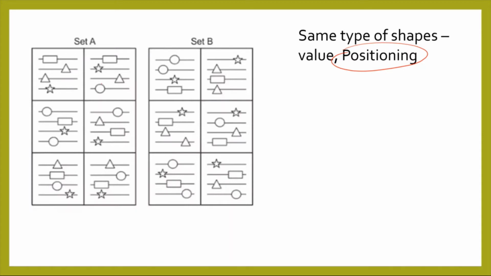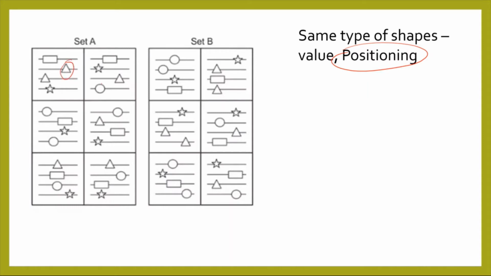So positioning. If we look at the shapes individually, we see that the rectangle is at the top, but then it moves to the second row, then the third, and I can't really say that they're in the same row. So I look at a different shape.